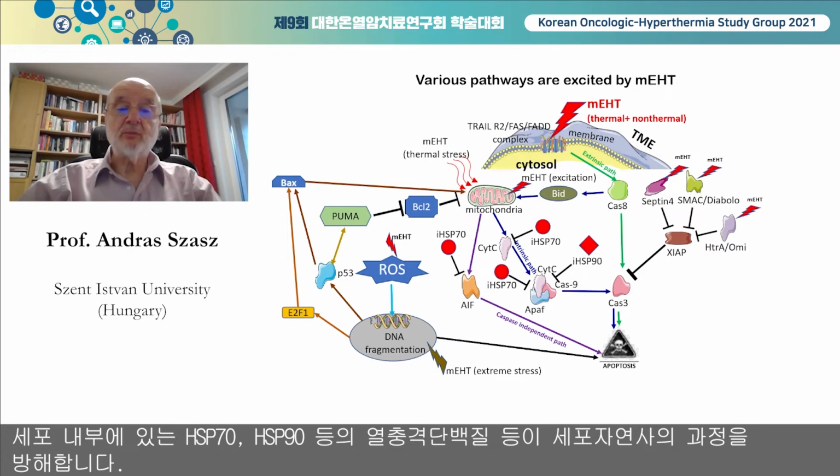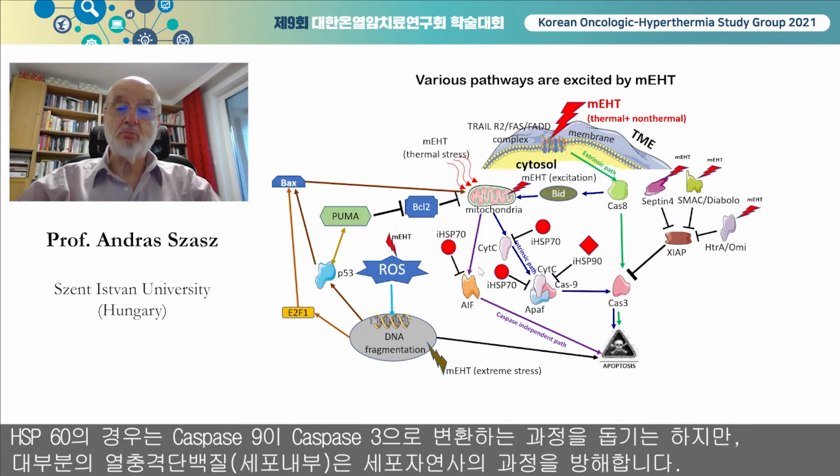On the other hand, other kinds of blockers are available. These are the heat shock proteins, inside heat shock proteins. HSP70 and HSP90 would like to block all these processes which are going on in these pathways. But HSP60 tries to help caspase 9 turn to caspase 3, so it's a little helper, but dominantly the protectors, acting against the apoptotic process.